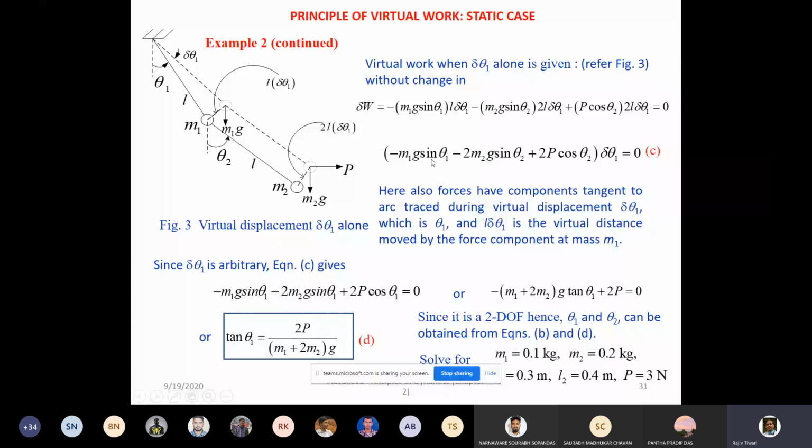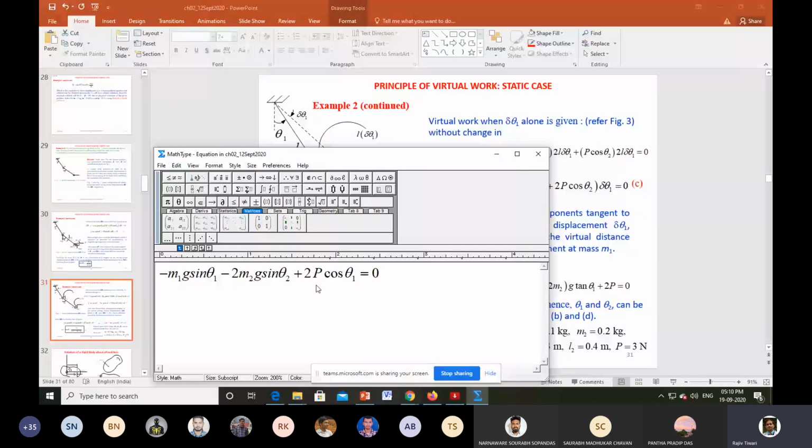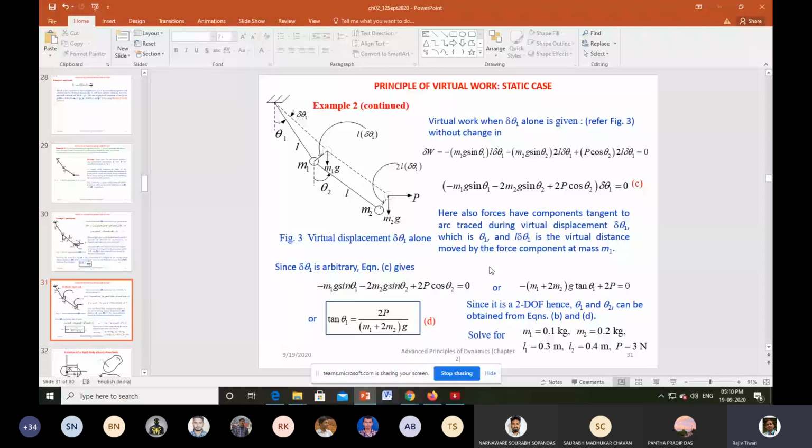The changes will be there regarding theta 2. So no problem, this is the equation. Theta 2 we already obtained from the previous expression, so this can be substituted here and we can solve for theta 1.